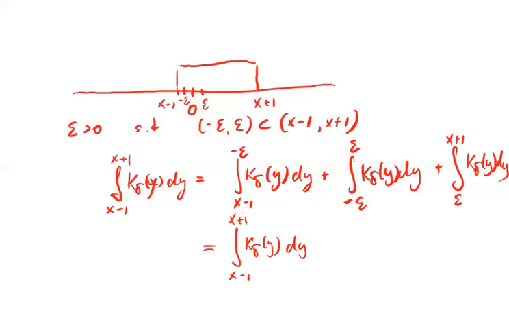And now we look at the absolute value of this thing. Let me just, k delta of y, and this is now less than or equal.